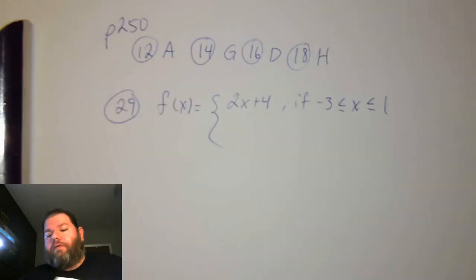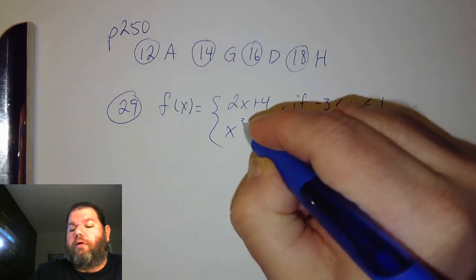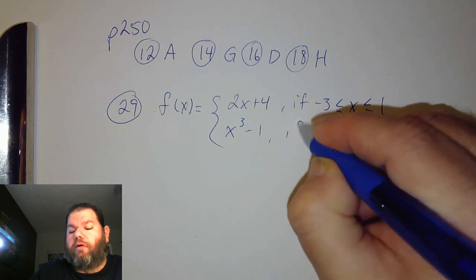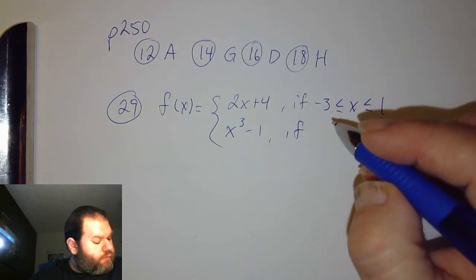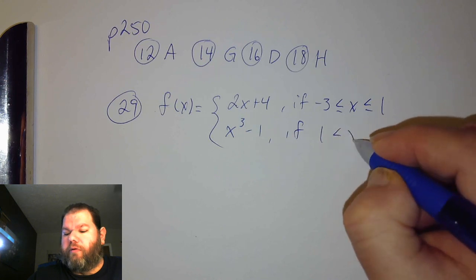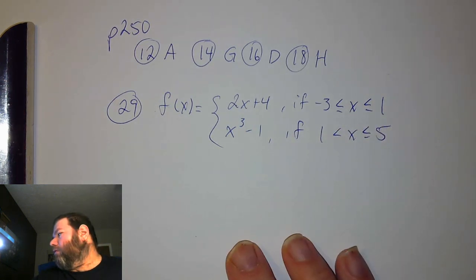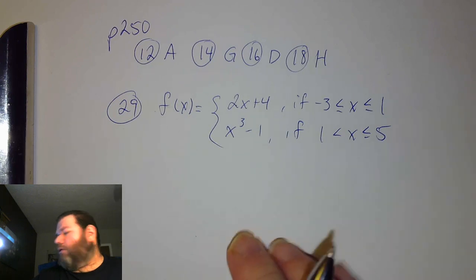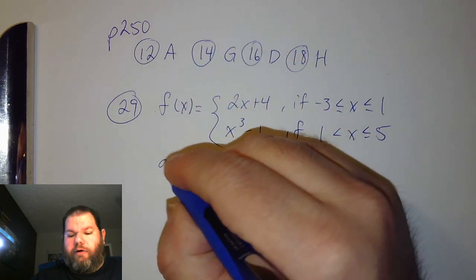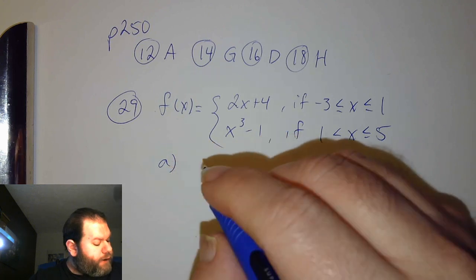Square is a cube. Okay. So here, part A, we want f of negative 2.